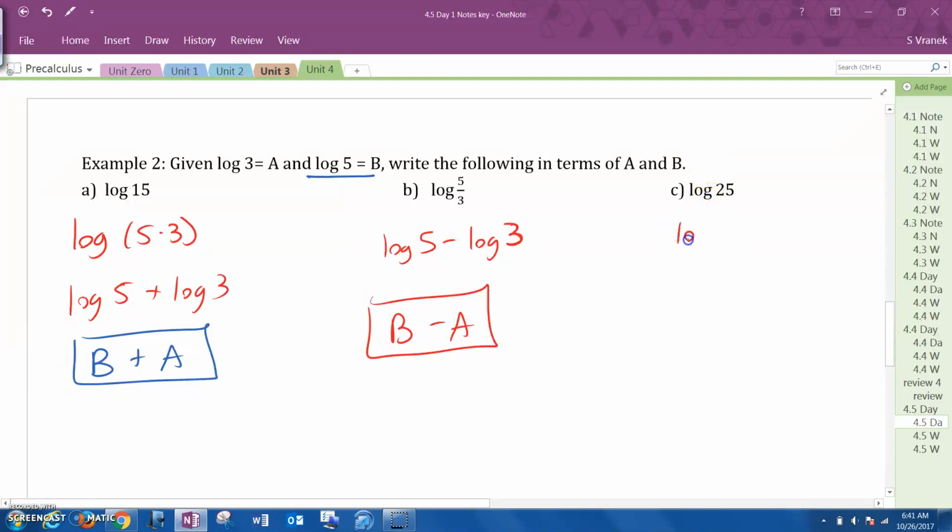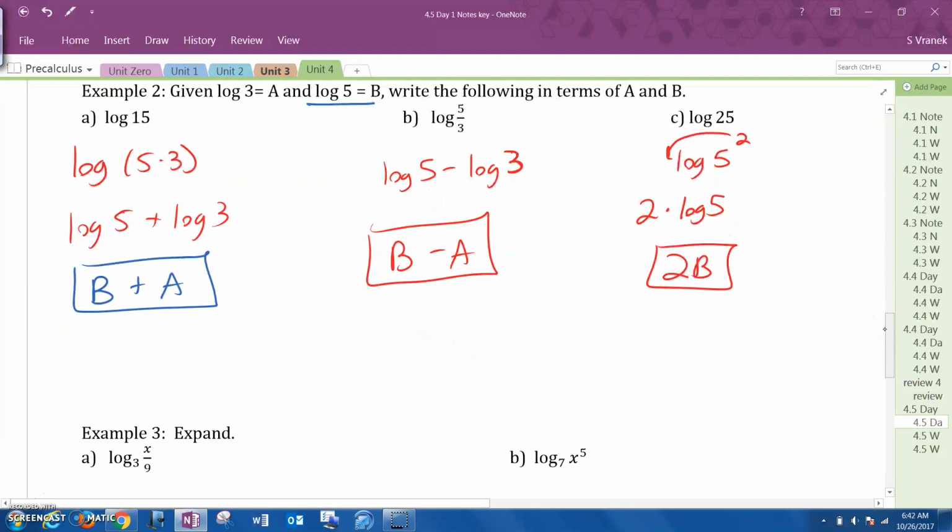Log of 25 we can rewrite as log of 5 squared. I can bring the 2 in front and multiply it times log of 5, and log of 5 is b, so this is just 2b. So that's how you do those. You have to just split them up based on the 5s and the 3s and your properties, and then sub in the letters a and b when you can.